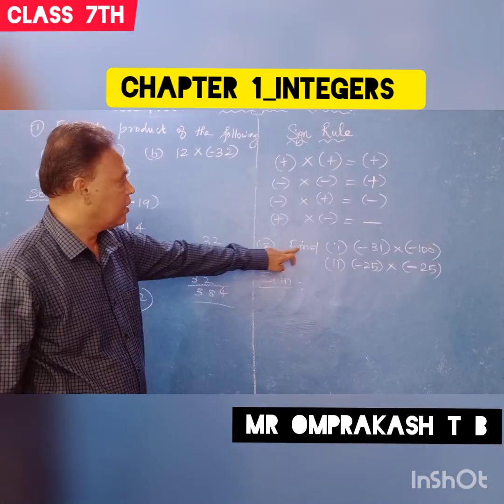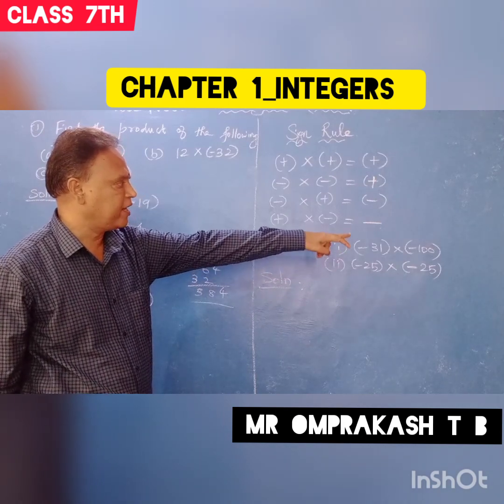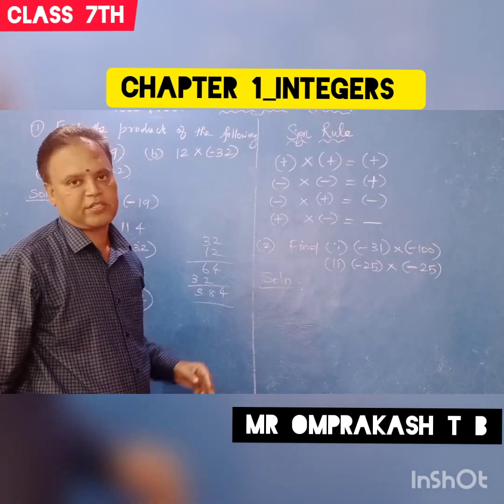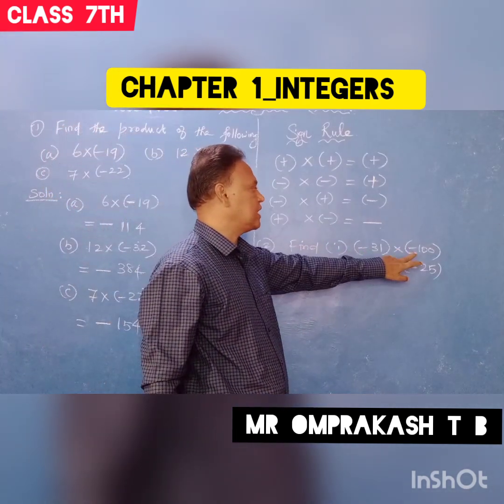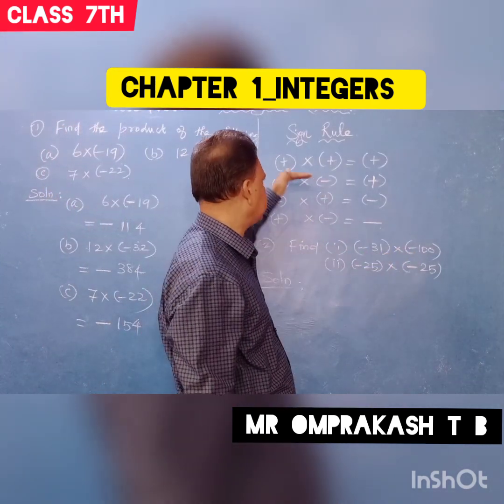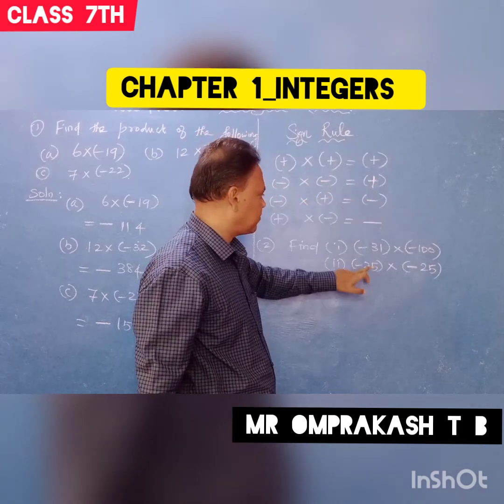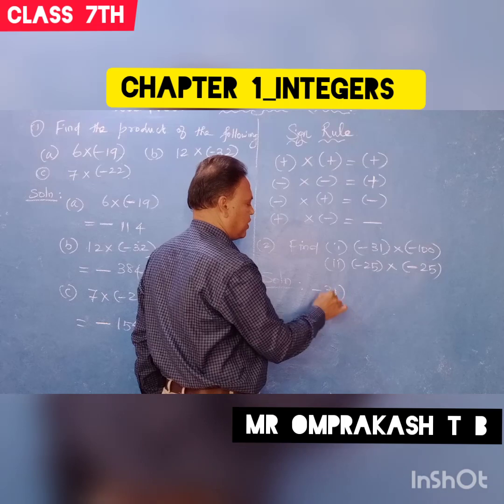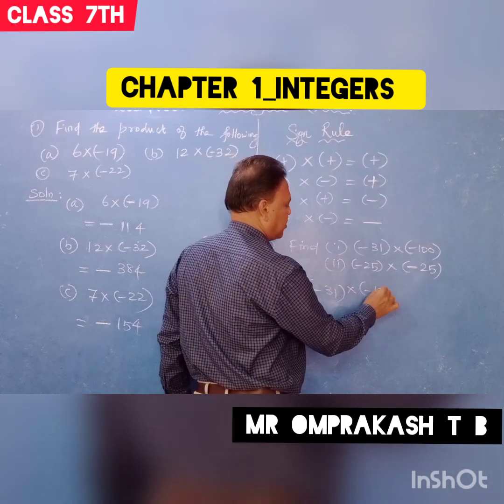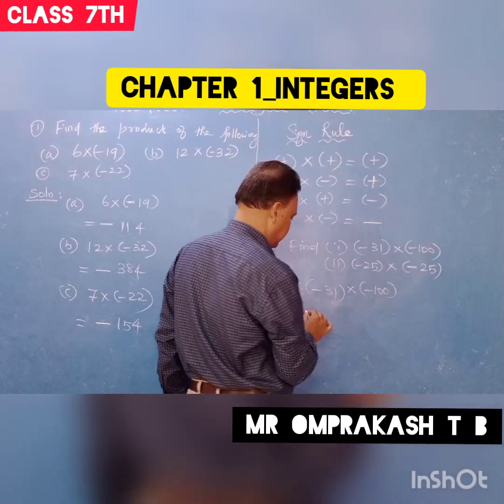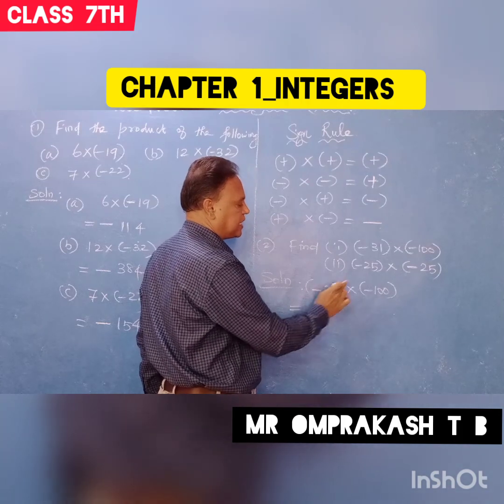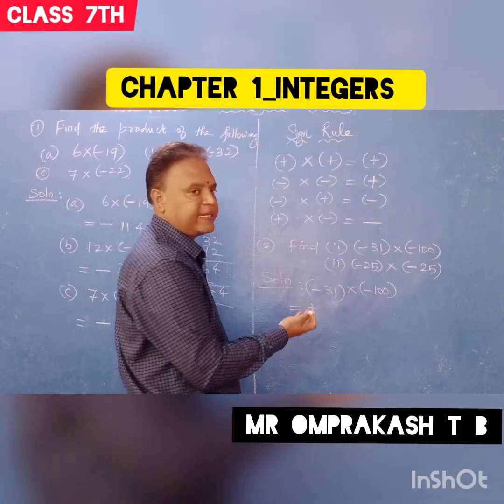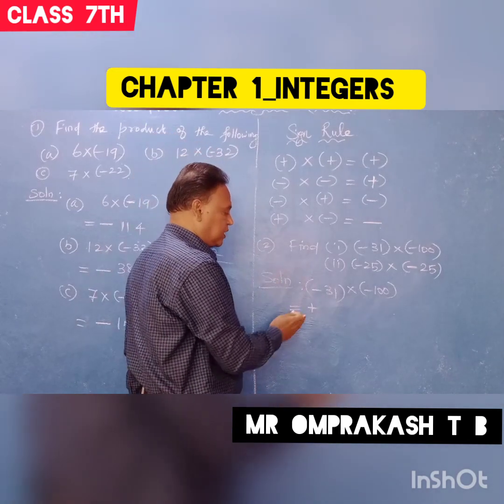Next, find minus 31 into minus 100. That is the product of two negative integers. You see both are negative, so apply the sign rule: minus into minus, plus. First multiply the sign, minus into minus is plus.